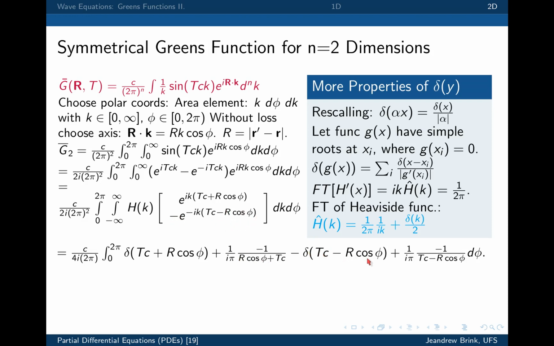So that's the delta function of the argument plus minus 1 over the argument over there. Okay, so I've basically just used the definition of my Fourier transform of the Heaviside step function.